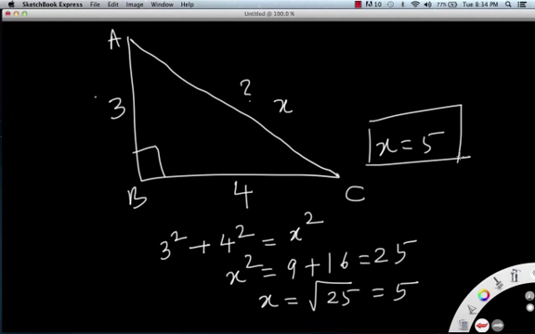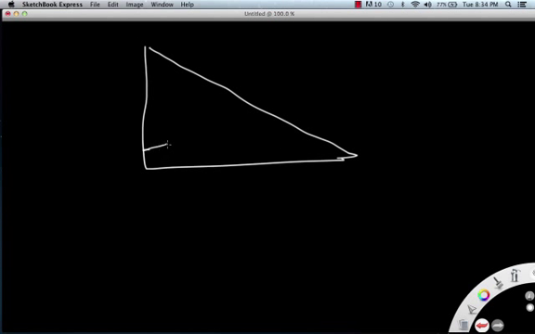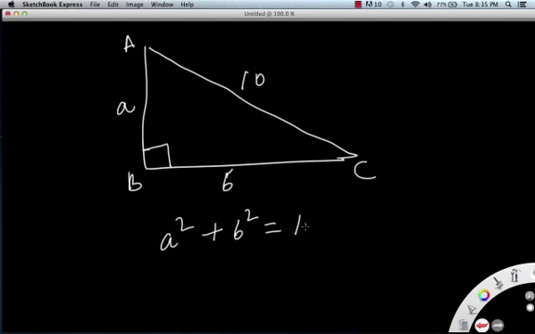Let's see one more example. If I gave you a right angle triangle, and one of its sides is 6 and the hypotenuse is 10, what is the other side? Again, applying the Pythagorean theorem, the sum of the squares of the lengths of the sides: a square plus 6 square is equal to the square of the length of the hypotenuse, which is 10 square.